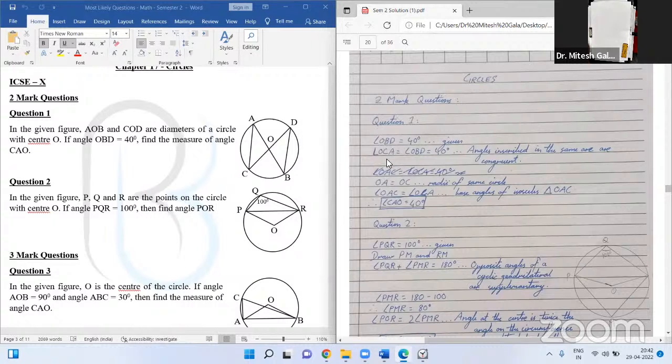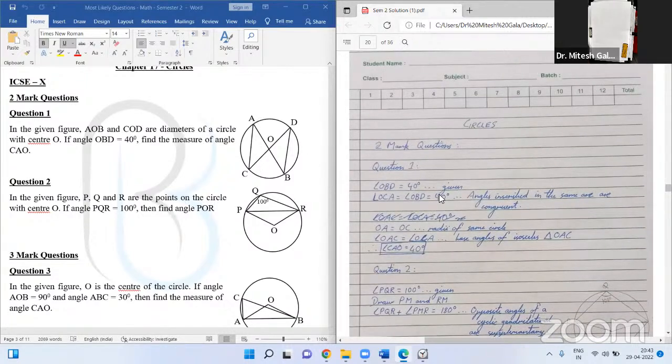Angle OCA equals angle OBD equals 40 degrees, by the reason angles in the same arc. So if this is 40, this also is 40. Then isosceles, so base angles are equal. Can we mention the reason that angles subtended by the same arc are congruent? Yes, absolutely. Here it is also mentioned: angles inscribed in the same arc are congruent.